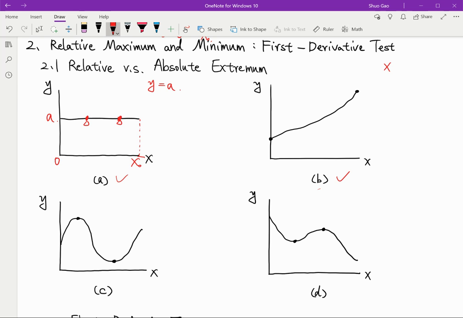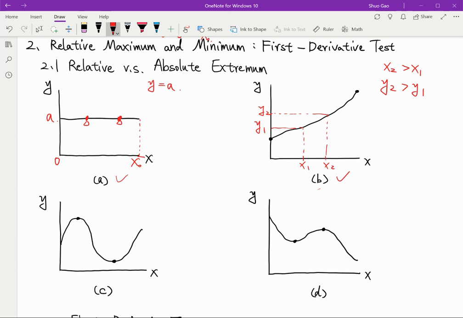This means that when x2 is larger than x1, y2 is also larger than y1. So when x increases from x1 to x2, y also increases from y1 to y2. So this is called a strictly increasing function.